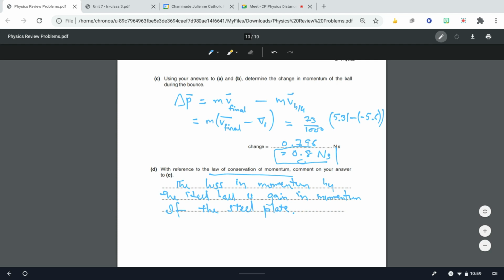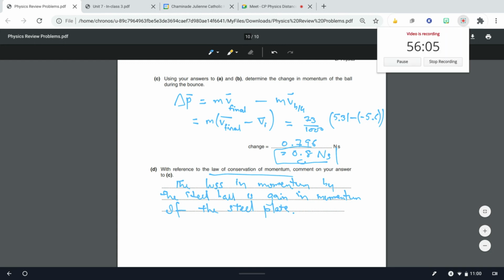It lost some kinetic energy, which meant it was neither a perfectly elastic collision nor a perfectly inelastic collision. It was somewhere in between. Some of the energy was lost as sound, some as heat energy and whatnot. But essentially, that's kind of it.